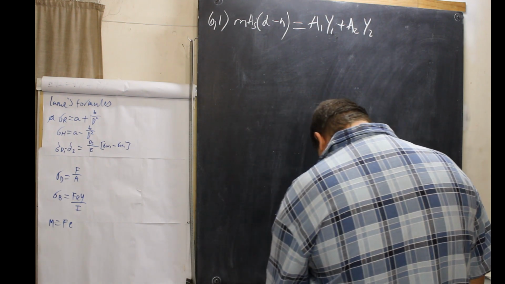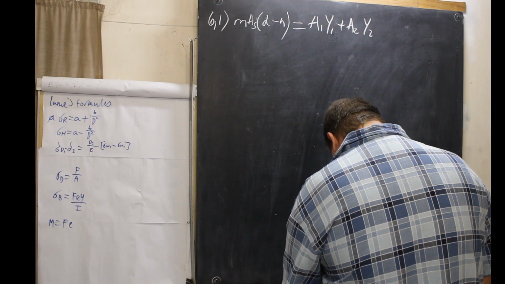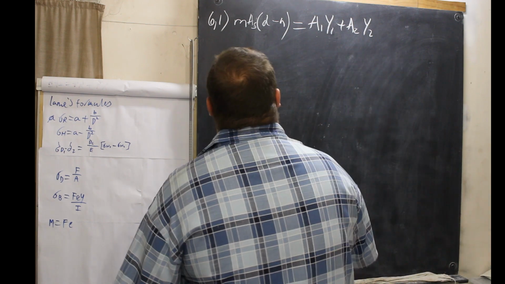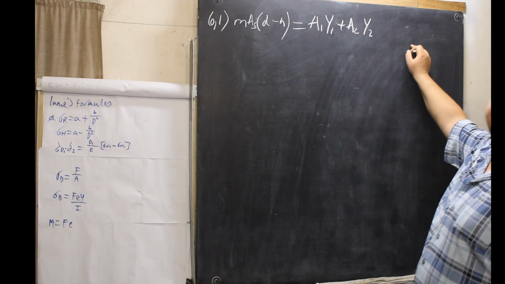What they want us to find is the position of the neutral axis by taking moments about the neutral axis. So that is when we use this formula here.